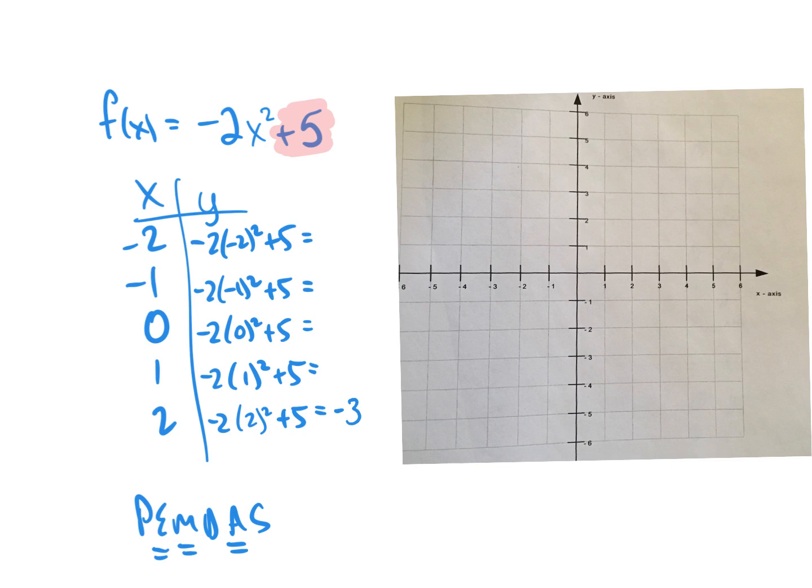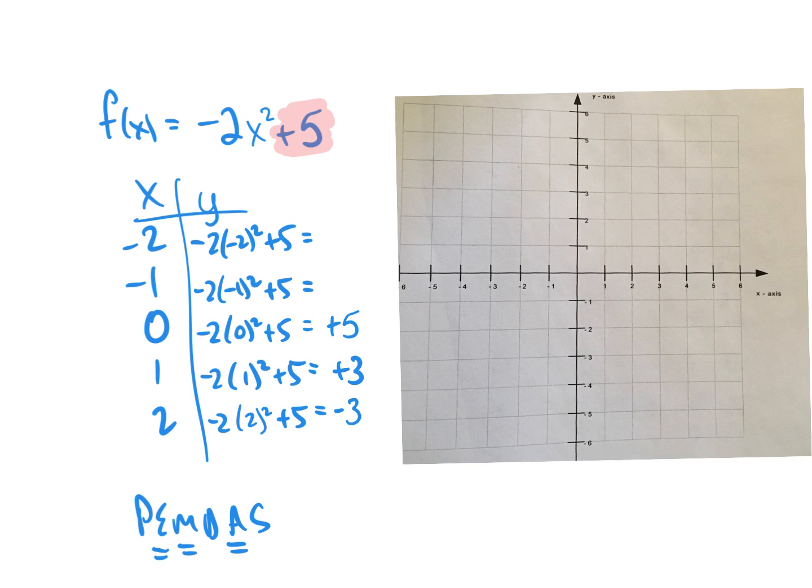And we can just keep on going. For the next one above, 1 times 1 is 1. Negative 2 times 1 is negative 2, and negative 2 plus 5 is positive 3. For 0, 0 times 0 is 0, negative 2 times 0 is 0, and 0 plus 5 is 5.